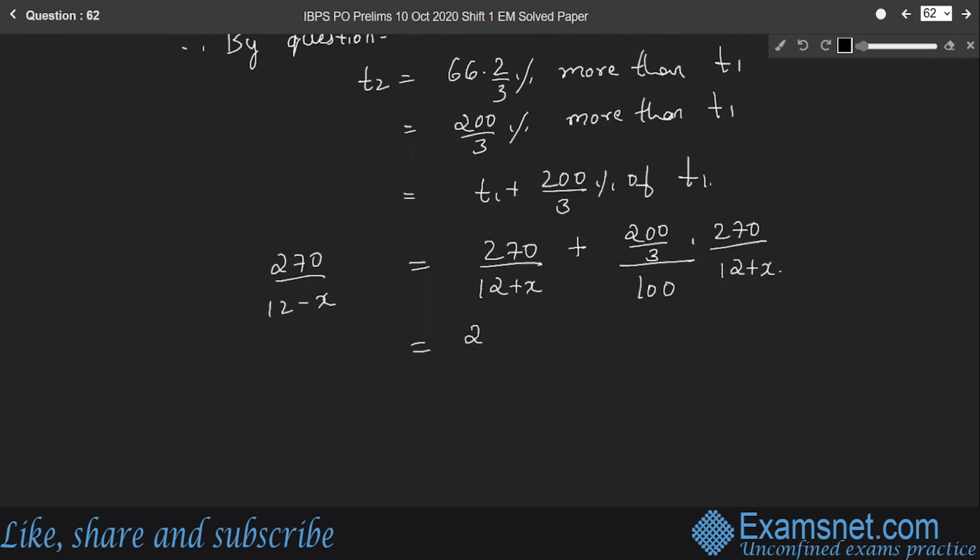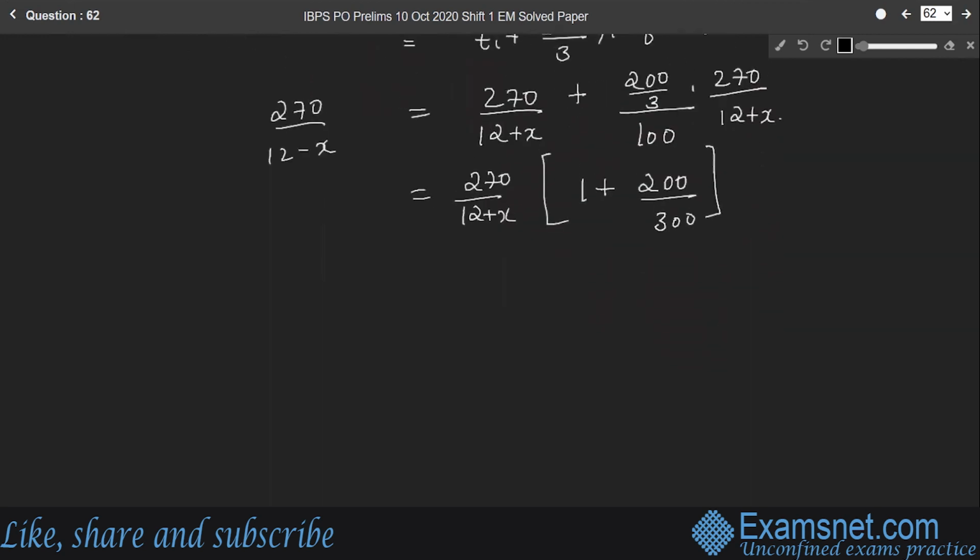We can take 270 by 12 plus x as common. The remaining term is 1 plus 200 by 3 whole divided by 100, which is 200 by 300. Therefore, the right side is 270 by 12 plus x into 500 by 300.